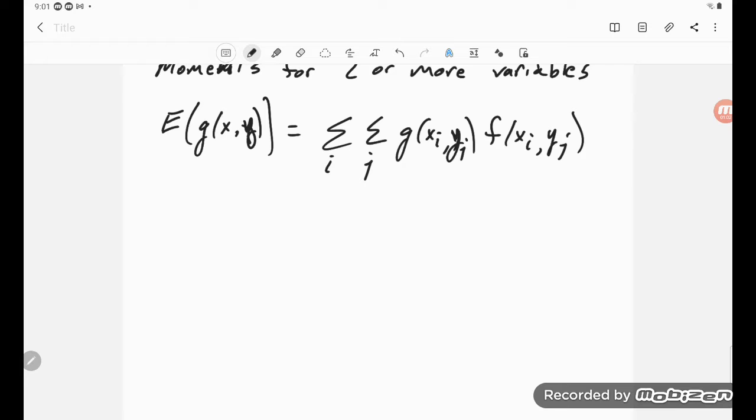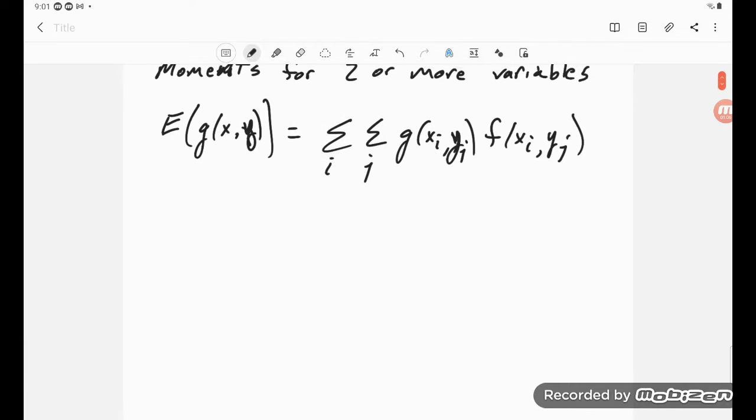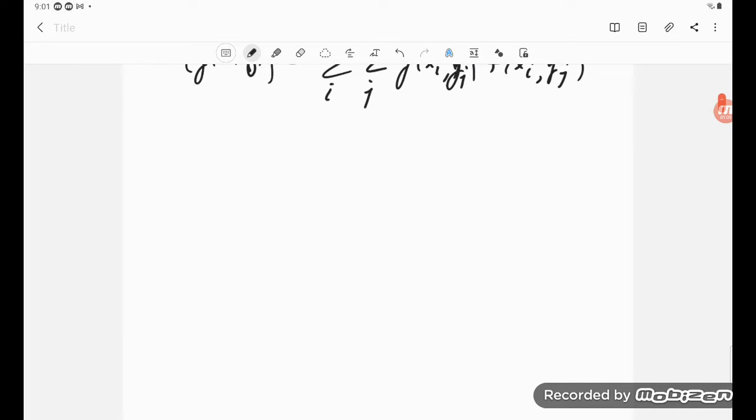And of course, we would just do an integral if we were using continuous variables.